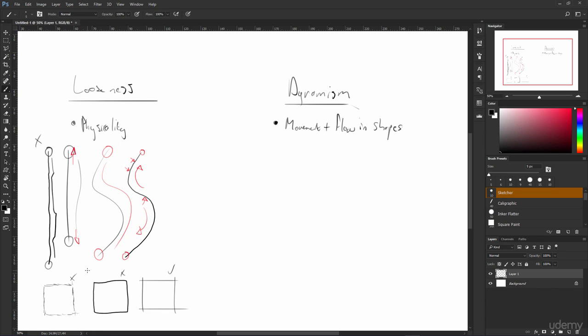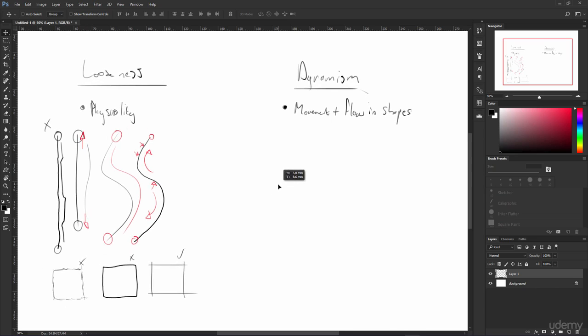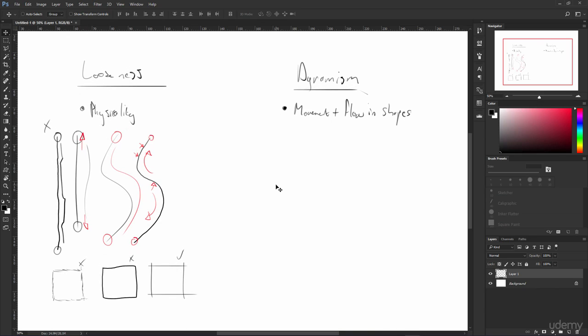That is one of the ways that people get a professional look in their work: by having very loose strokes. Incidentally, this also applies to painting, although depending on how you're painting, not necessarily the tapering part, but just being physically loose. So when we talk about looseness, we're talking about physical looseness in your arm.